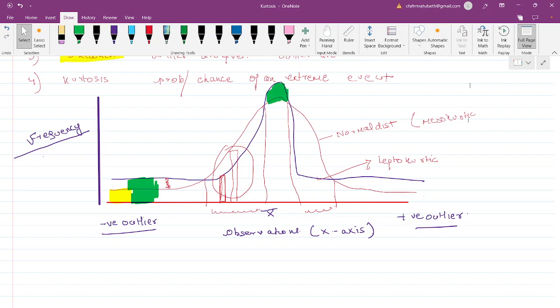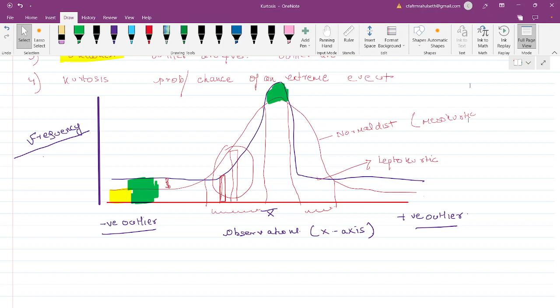I've already told you that your normal distribution is a mesokurtic distribution, and we are comparing kurtosis with respect to how it differs from your normal distribution. So we are basically measuring how fatter or thinner the tails of our distribution are compared to the normal distribution. Your mesokurtic, normal distribution is a kind of benchmark against which we compare your kurtosis.